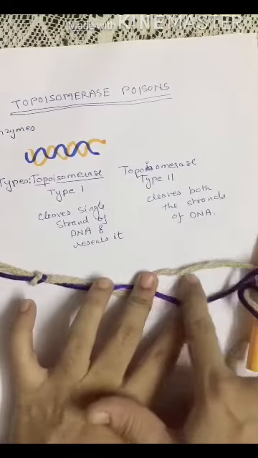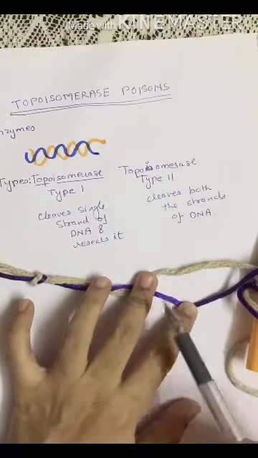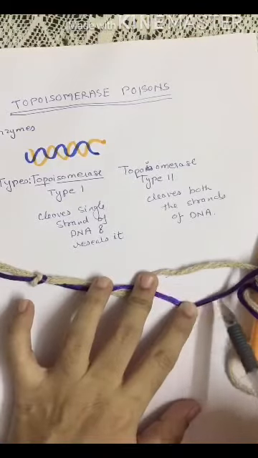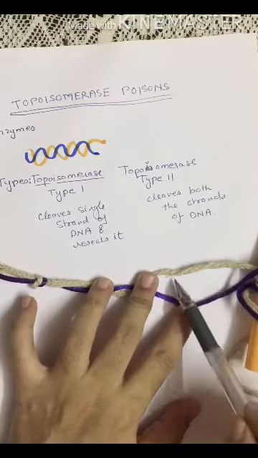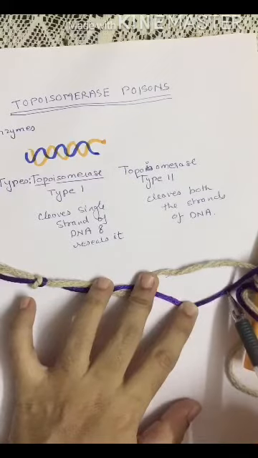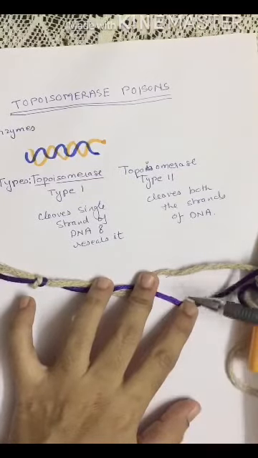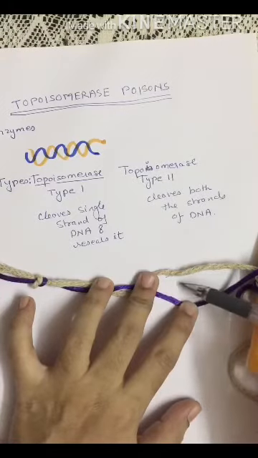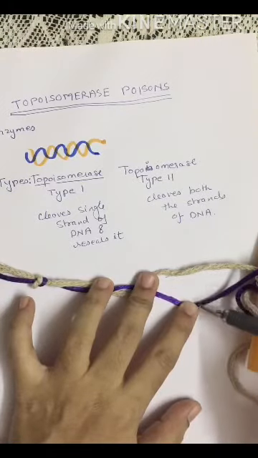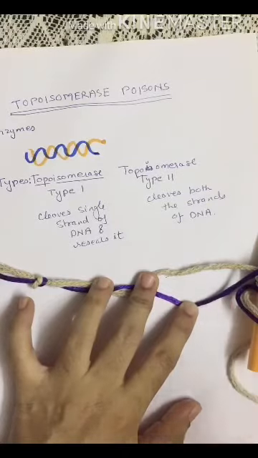So the base pairs of this strand and this strand are now open for replication, and DNA polymerase helps to build up a new leading strand for both the DNA and replication takes place.